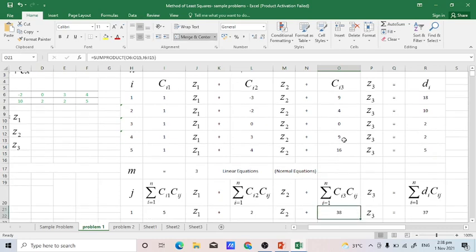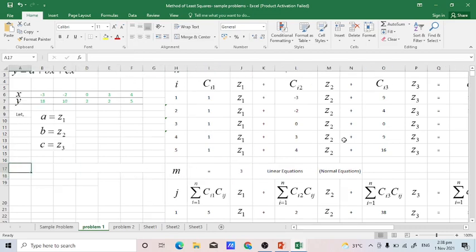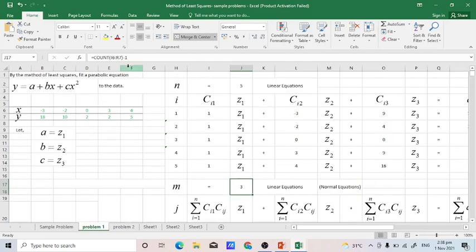And then, we have 3 linear equations na yun, no? We have 3 linear equations. Ito yung mga normal equations, no? Kasi nga, di ba, we have 3 parameters, no? Meron tayong 3 parameters, a, b, and c.